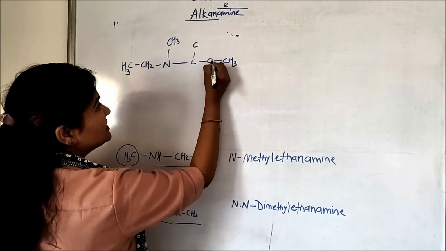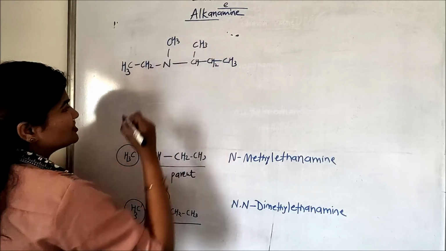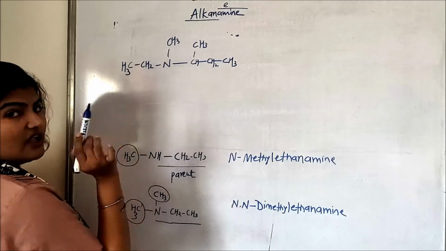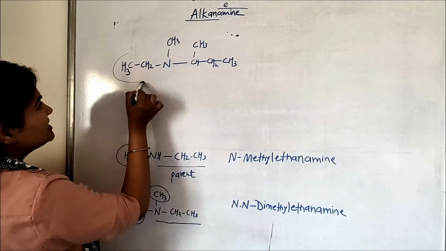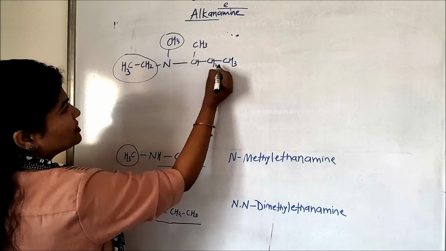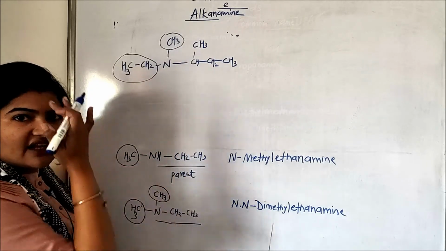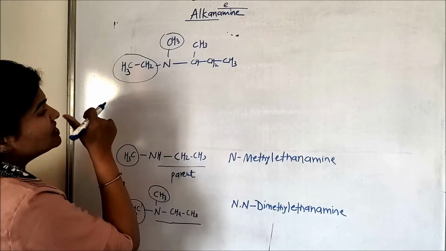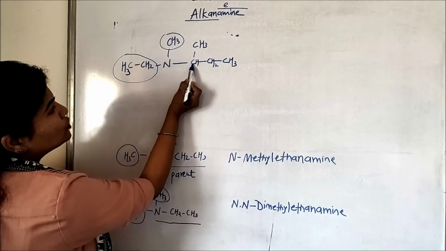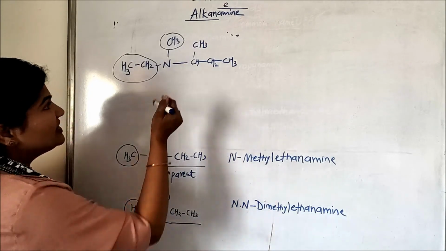Now you will be learning how we are going to name this particular structure. Now look at the alkyl groups first. There is an ethyl group, there is a methyl group, and then there is this group, which is a secondary butyl group. But in IUPAC we cannot write secondary butyl, so what we will do, 1 2 3 4 butane. So butanamine will be our parent.